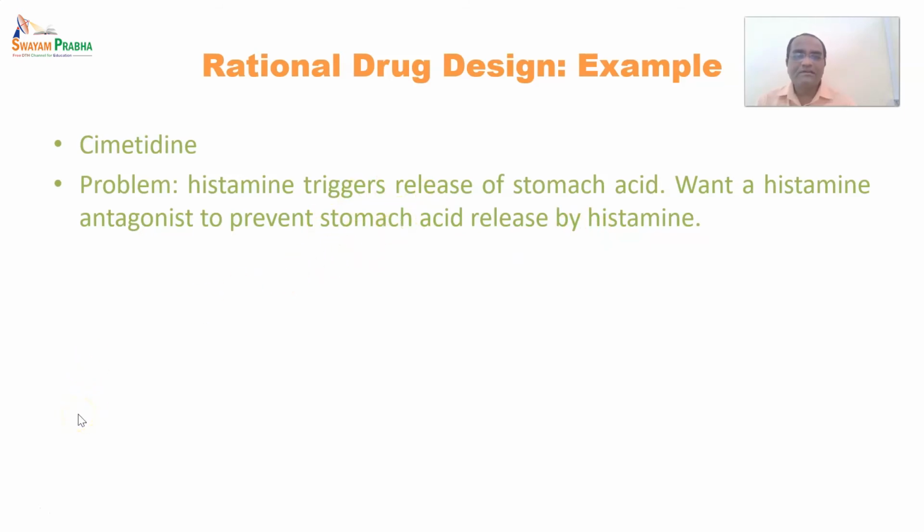So in case of a rational drug design, firstly the problem has been identified, and then the ways that create the problem are inhibited or stopped, and this is how it works. Here the problem is that when histamine is released, it releases an acid in the stomach, or it causes an ulcer, and therefore we need to prevent this acid release.